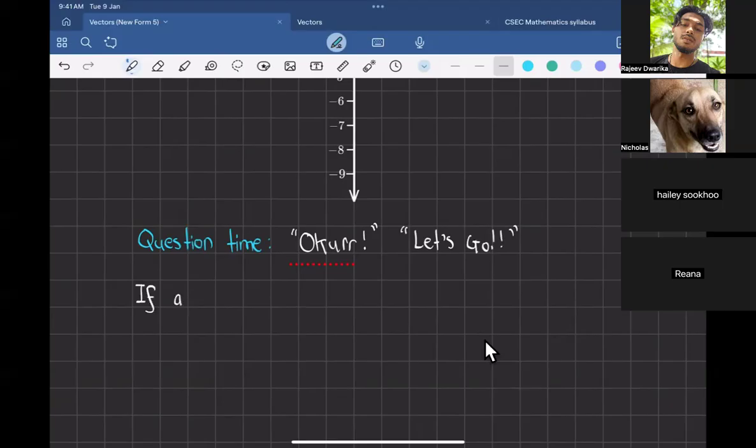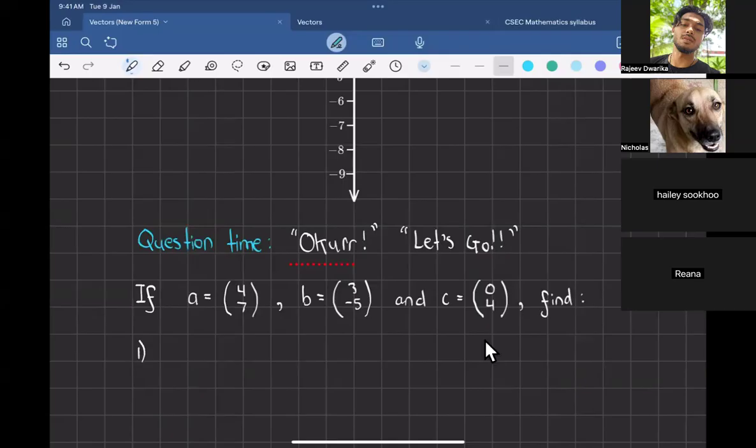Right? So if vector A is equal to 4, 7, vector B is equal to 3, minus 5, and C is equal to 0, 4, find, one.